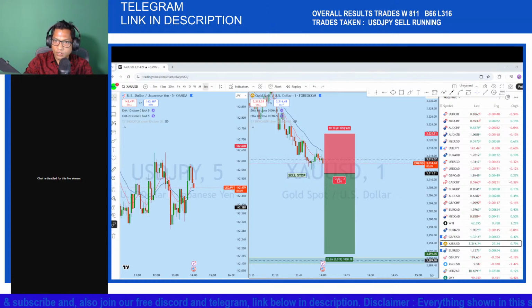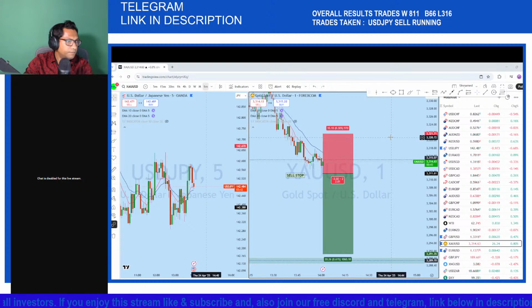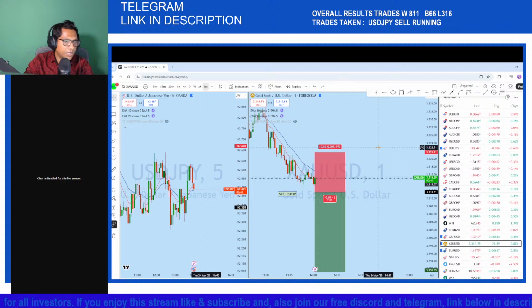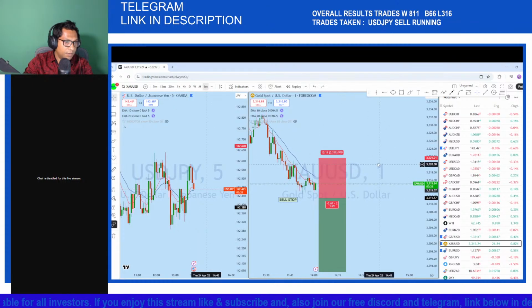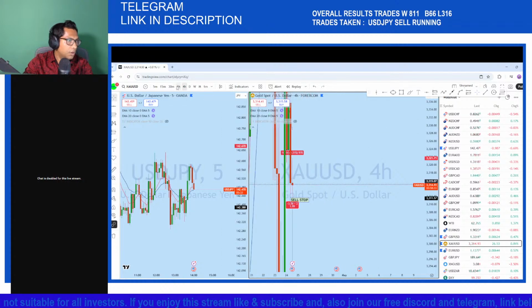So waiting to see. Now if it is not breaking low, then probably we'll see the market bounce here.